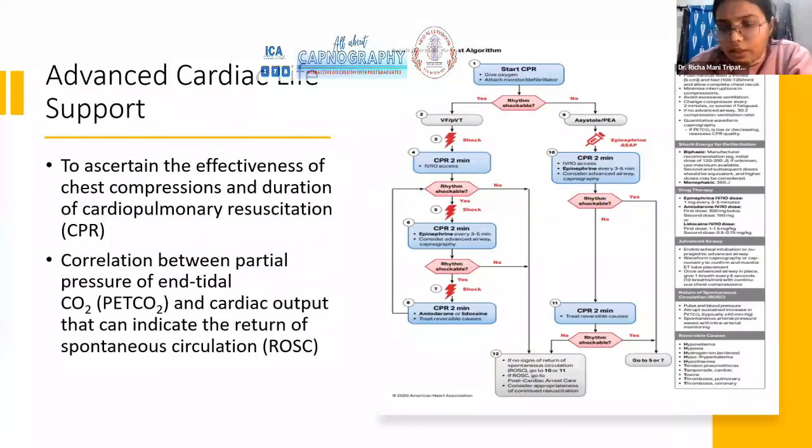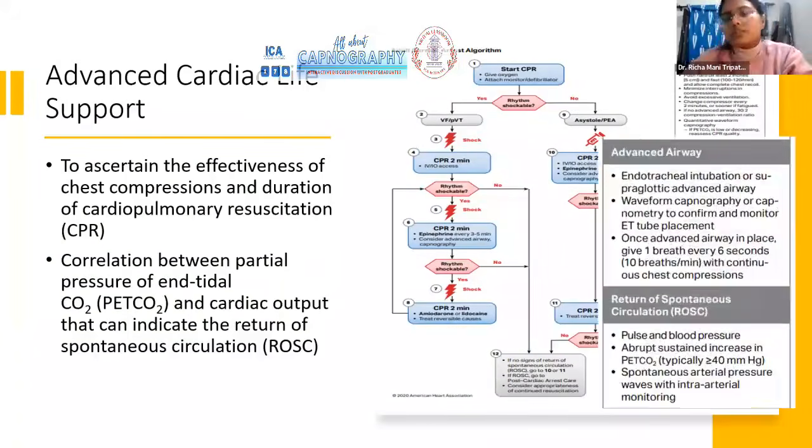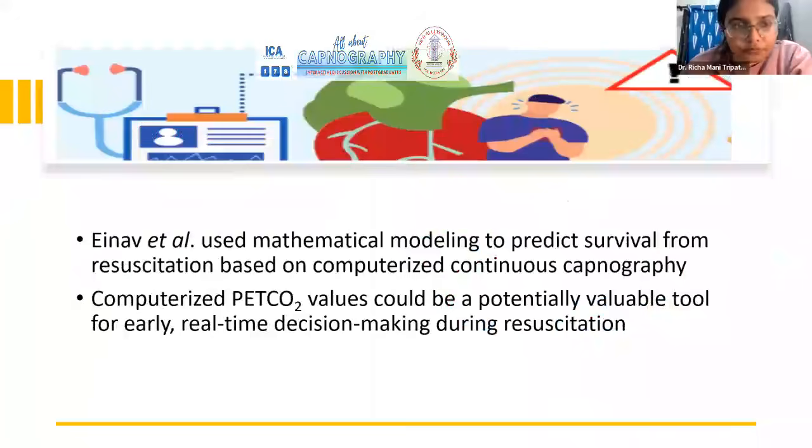This is an American Heart Association CPR guideline. Here, advanced airway with endotracheal intubation is given, with waveform capnography which must be monitored. Return of spontaneous circulation is also signaled by the EtCO2 tracing.